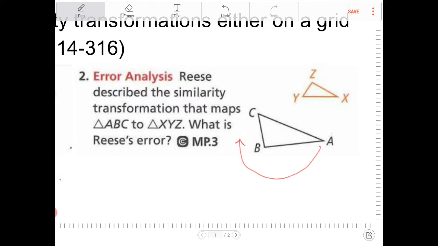However, what is suggested is A corresponds with X, B corresponds with Y, and C corresponds with Z. But that clearly is not the case, because if we rotate this over point B here, what will result is something that looks like this.